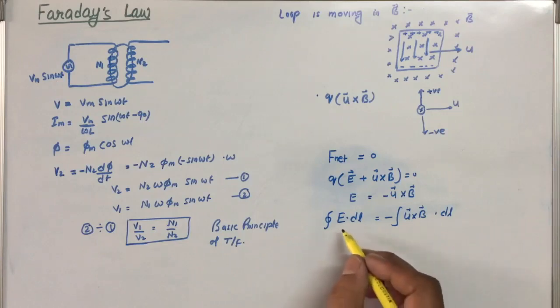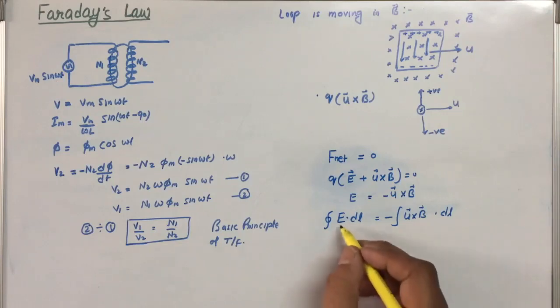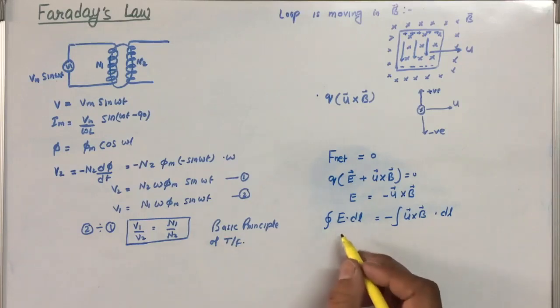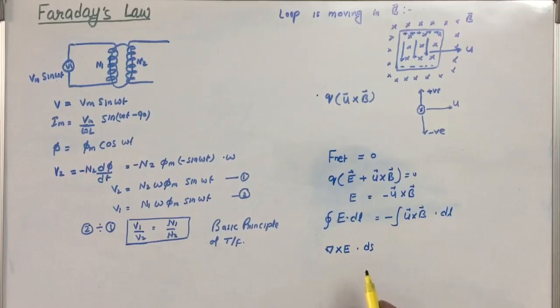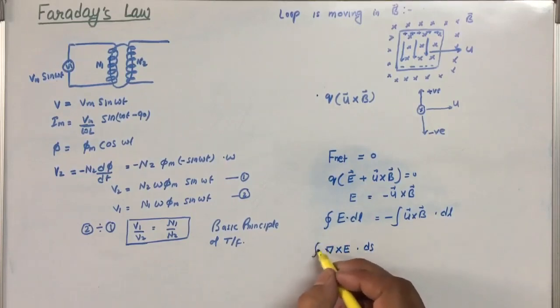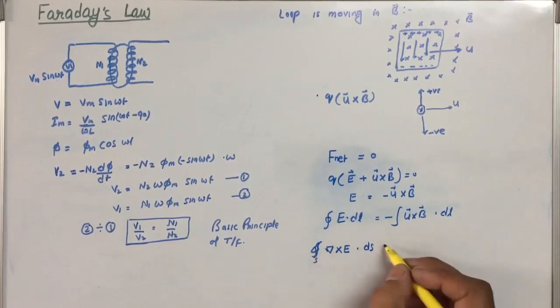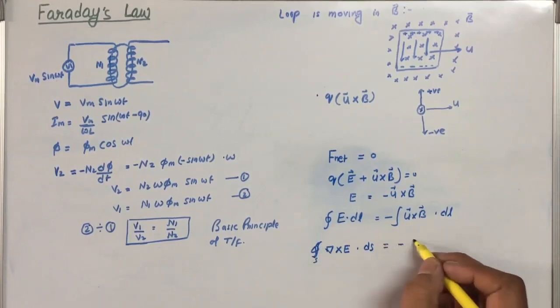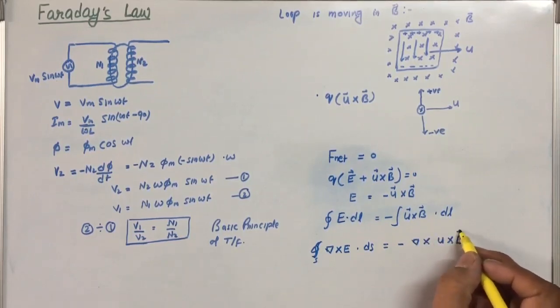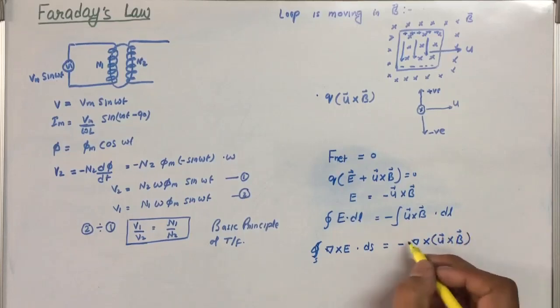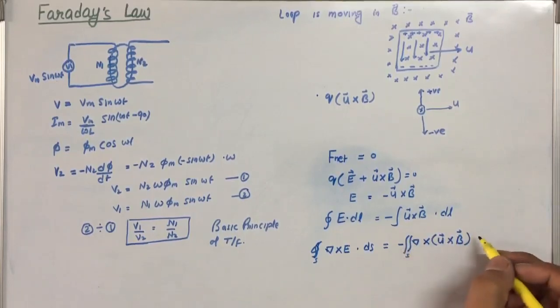And if the line integral is transformed into a surface integral, then we can write del cross E dot ds. This is the transformation we have done many times and we know this. This surface integral will be equal to minus del cross U cross B dot ds.